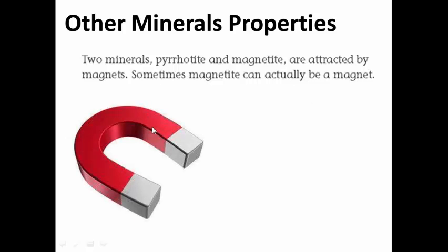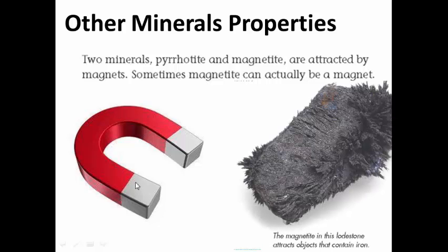Yes, if you have a magnet right here and you try to attract pyrite and magnetite, they will be attracted to this magnet. In addition, magnetite can also act as a magnet itself. It can attract other metals, so it acts as a magnet.